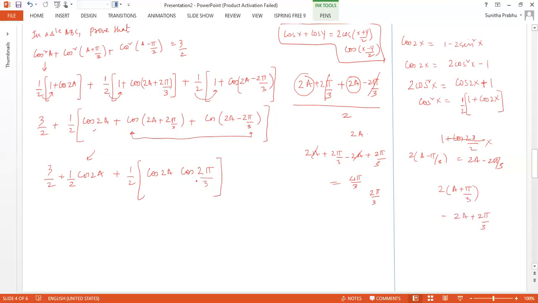All right. Now, this cos 2 pi by 3, we know what this is, right? Do you know what cos 2 pi by 3 is? Cos 120.